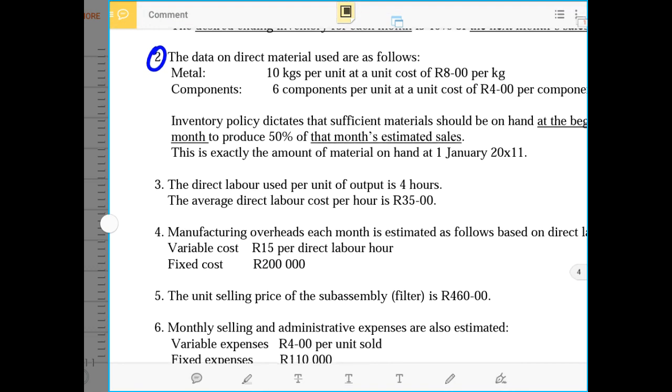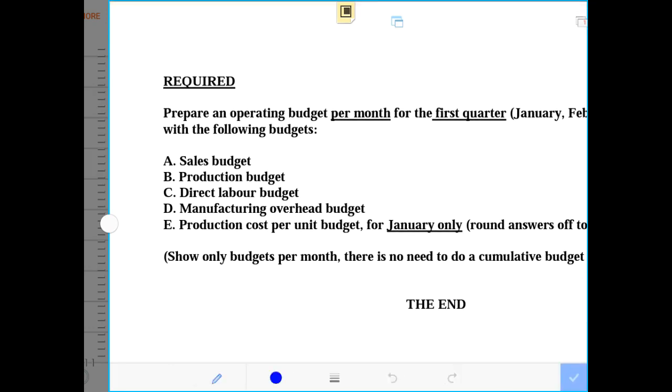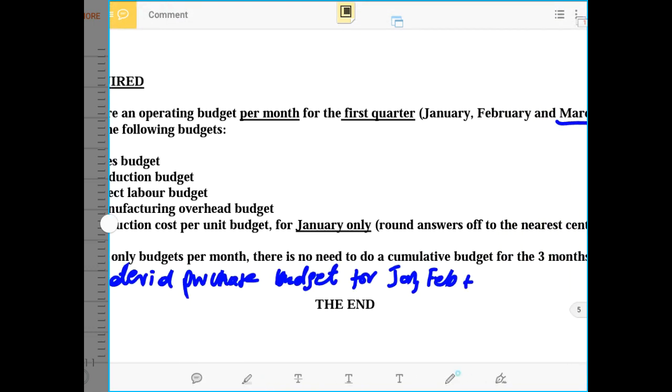So in the requirements, I will add one requirement at the bottom, requirement number F, where we do a material purchases budget for 3 months: January, February, plus the month of March.